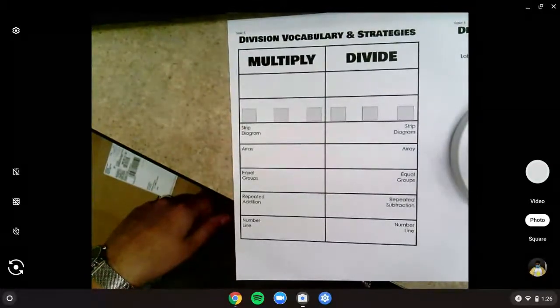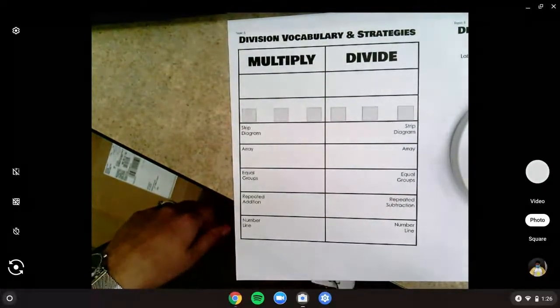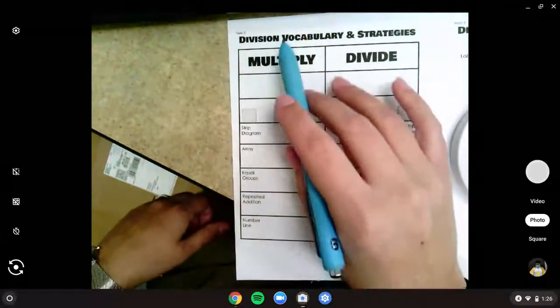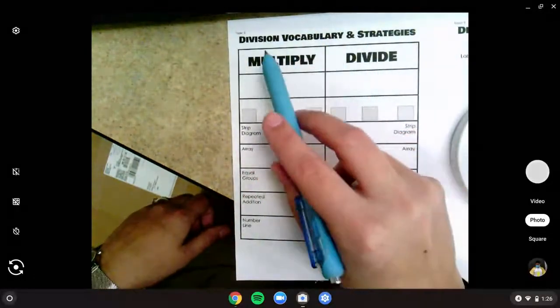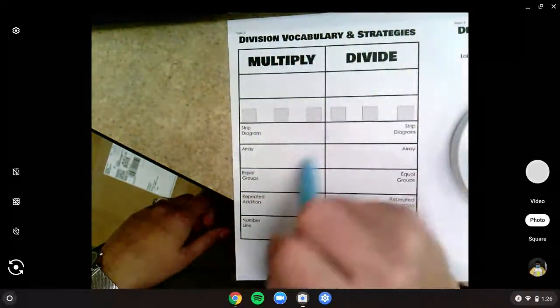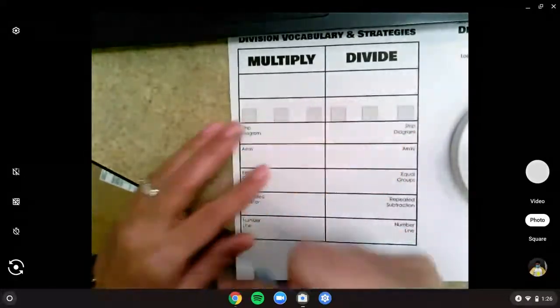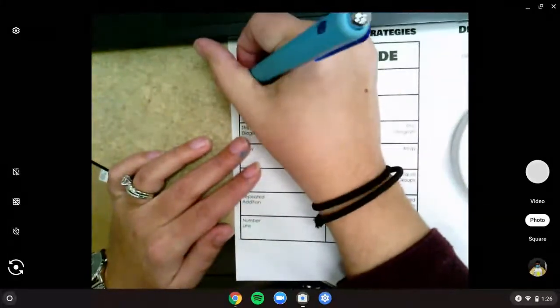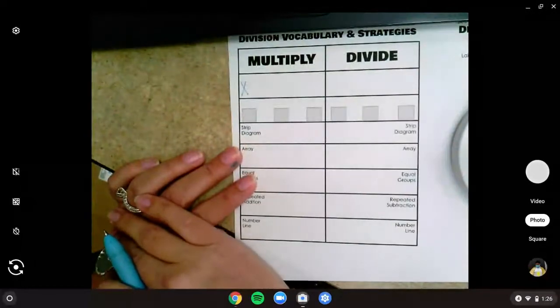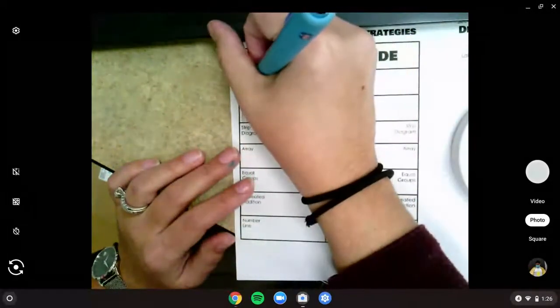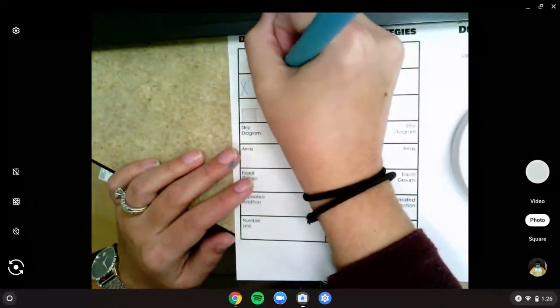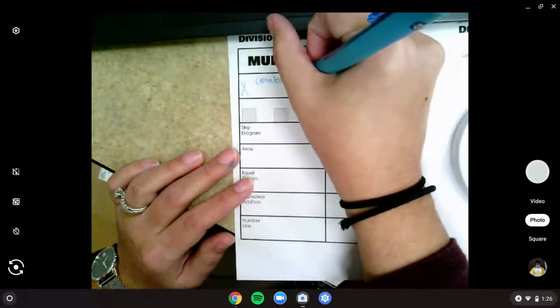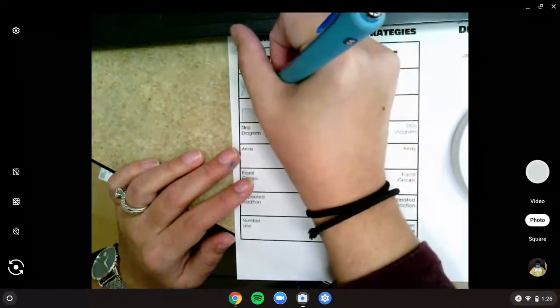We are going to get started by filling in this chart, okay? So we're talking about multiplying and dividing. We're going to learn a few different vocabulary words and a few strategies to help us today. When we are doing multiplication, we usually see that X or that multiply sign. What that means is that we're going to combine equal groups.